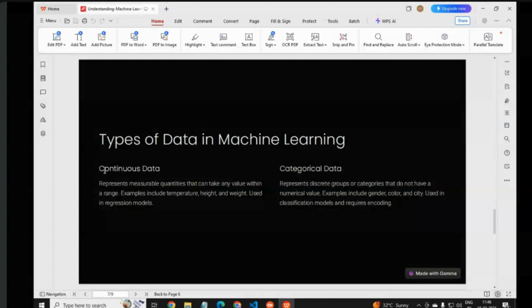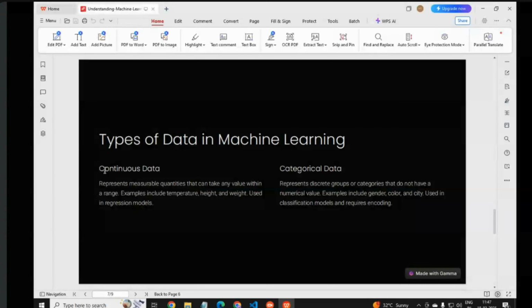In continuous data, there are two types: interval data and ratio data. In interval data, this zero comes: zero does not mean no temperature. Zero is a temperature; 0, 1, 2, these all are temperatures. We say zero temperature.